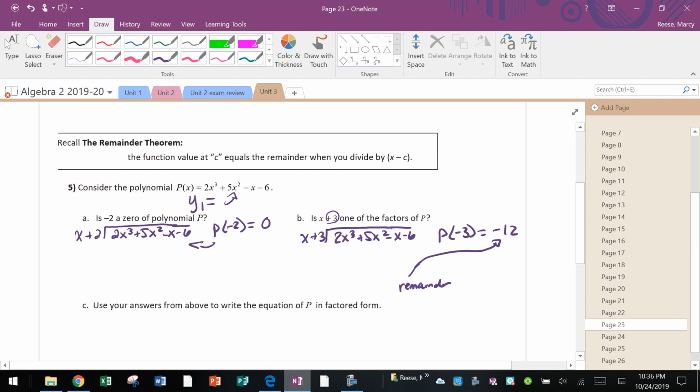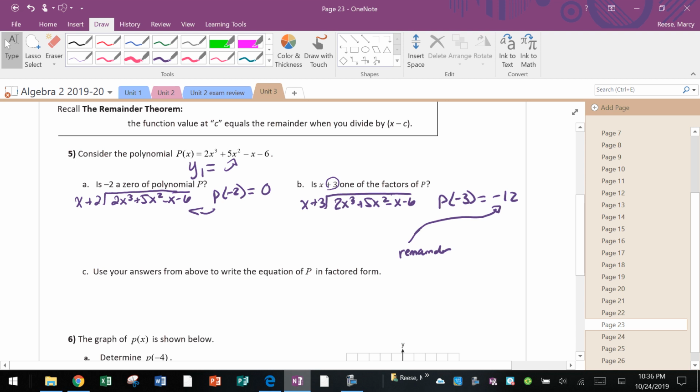Okay? So, use your answers from above to write the equation of p in factored form. Here it is again. I'm going to make you do it again. I'll set it up for you. I'll even be nice. Find the factored form of that p.